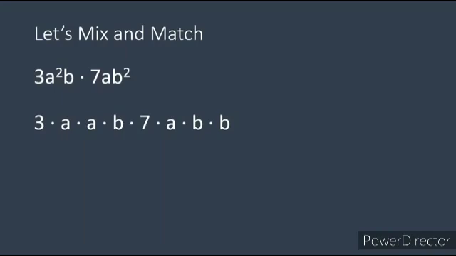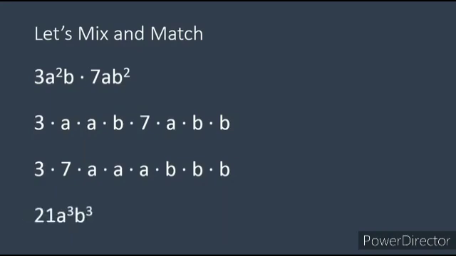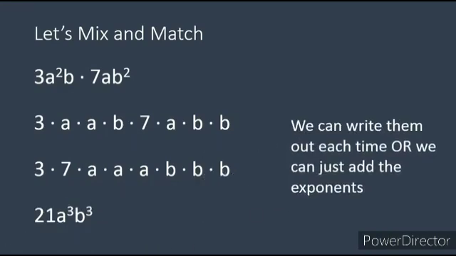So then you multiply the number. 7 threes are 21. A is repeated how many times here? Totally 3 times. B is repeated also totally 3 times. Then you can write in the form of exponent 21 a to the power of 3 and b to the power of 3.